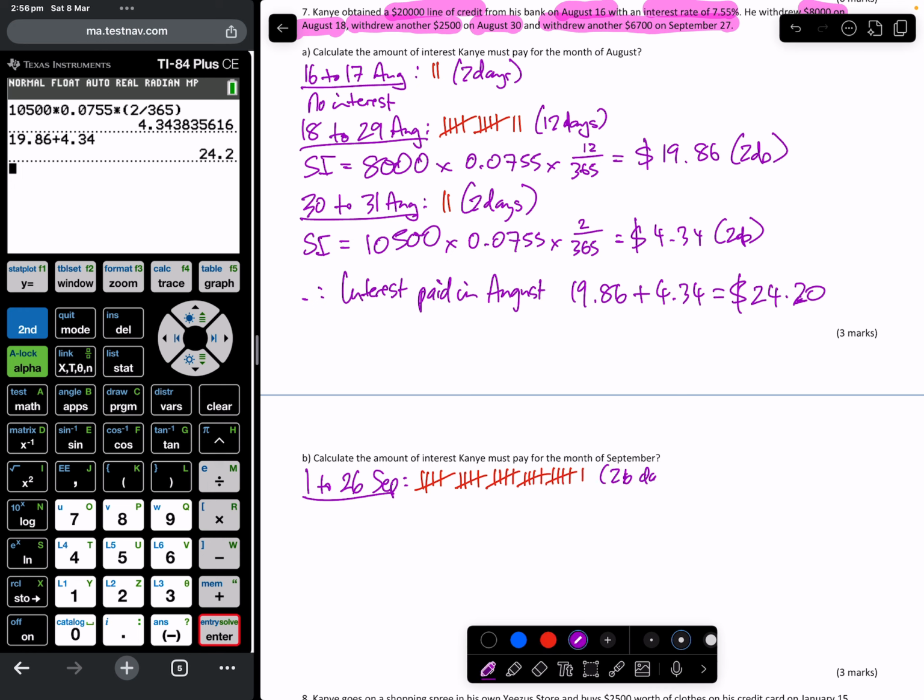We need it for the month of September. On the 27th, we withdrew again. It's a big spender. September is a 30-day month, so to 30 of September. 27, 28, 29, 30, 4 days.